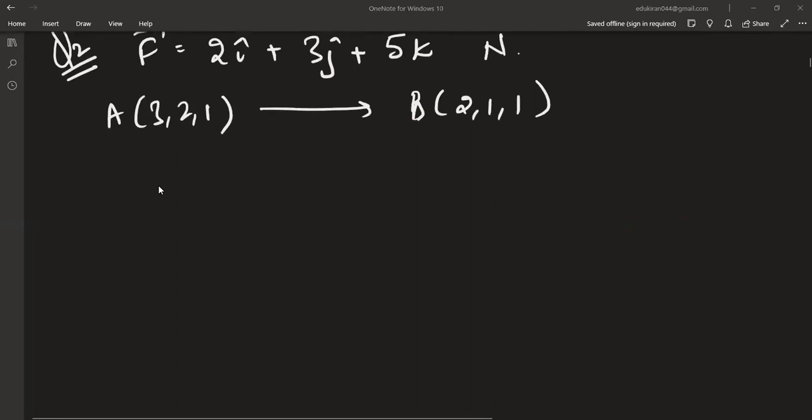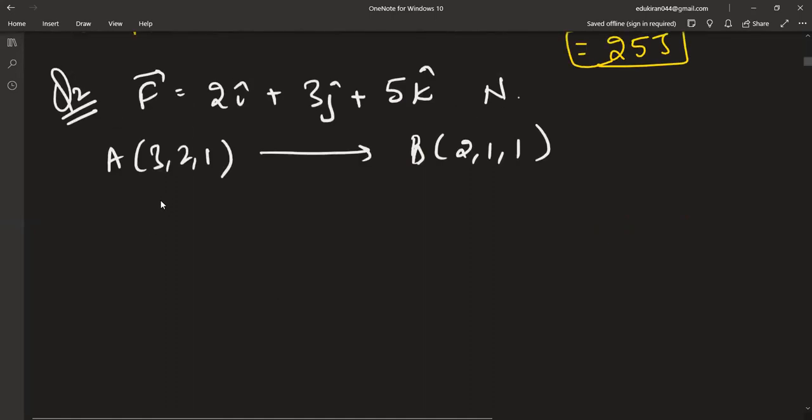See, in this question, force is given to you in Cartesian form. So see, point A is (3, 2, 1). Point B is (2, 1, 1). So the initial point has i cap, j cap, k cap. This is also i cap, j cap, and k cap.